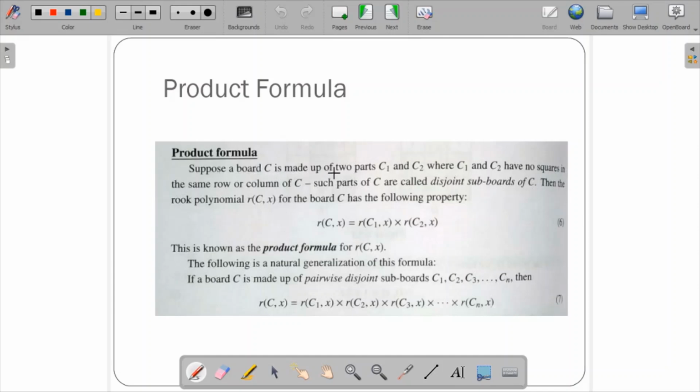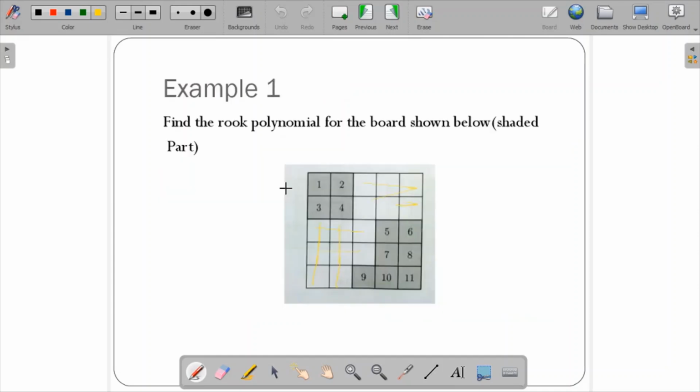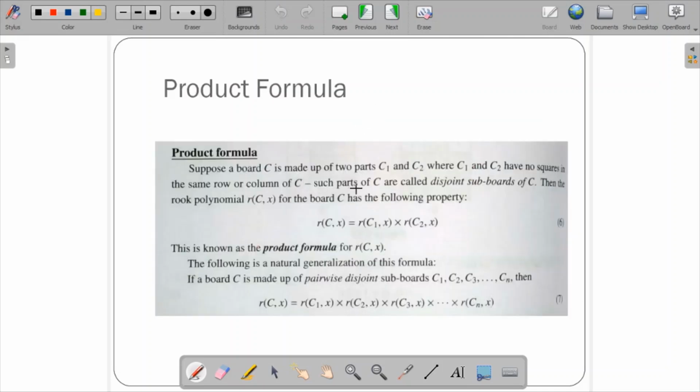That is the definition. Suppose a board C is made up of two parts C1 and C2, where C1 and C2 have no squares in the same row or column of C. They don't have any square on this row or this column. Then such parts of C are called disjoint subboards of C. Then the root polynomial can be found using the product formula.